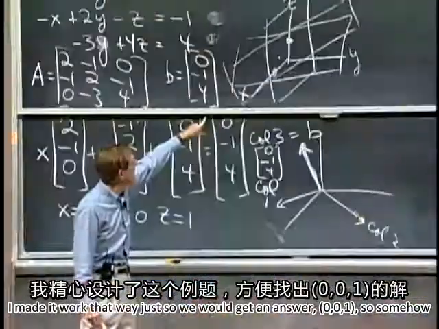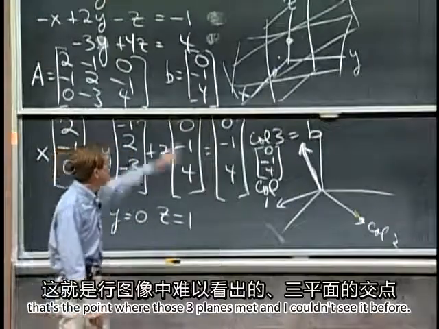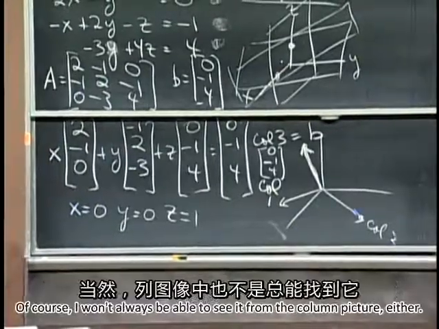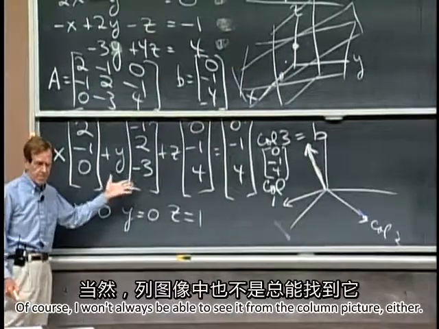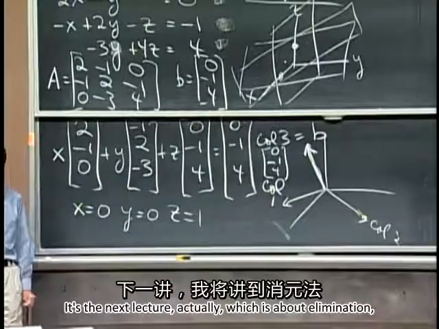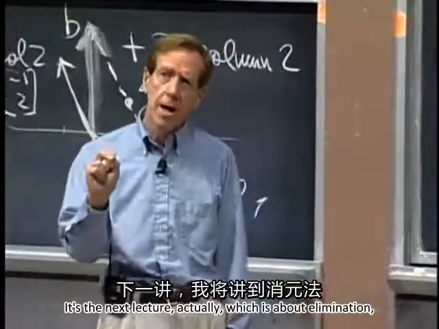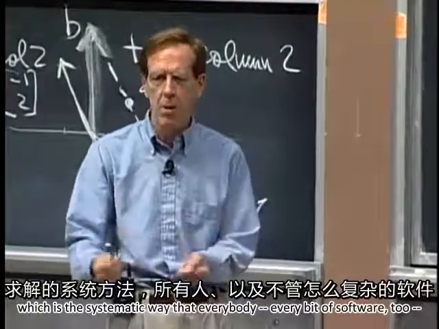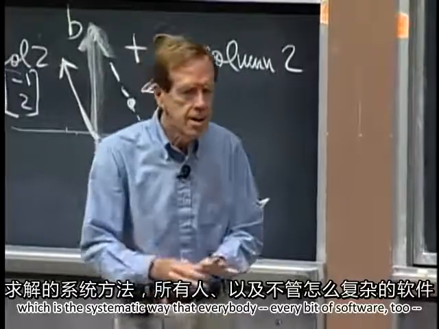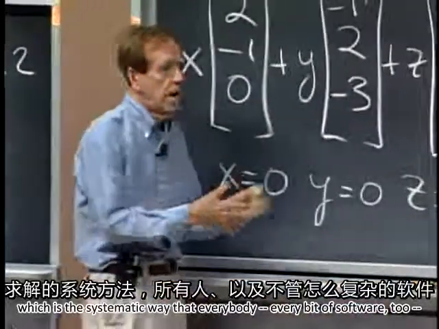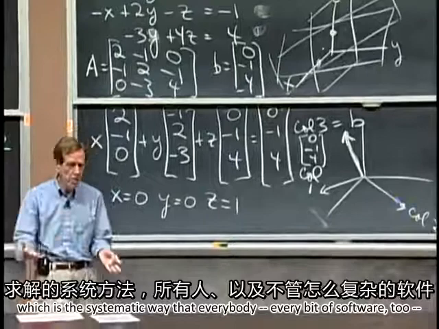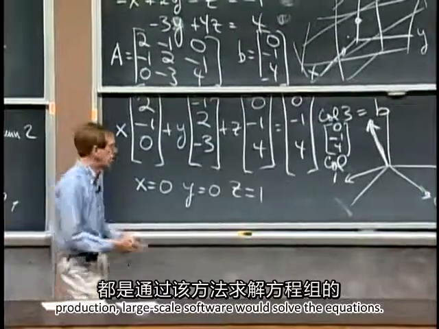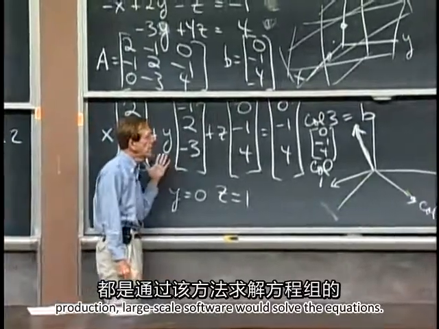So somehow that's the point where those 3 planes met, and I couldn't see it before. Of course, I won't always be able to see it from the column picture either. It's the next lecture, actually, which is about elimination, which is the systematic way that every bit of software, production, large-scale software would solve the equations.